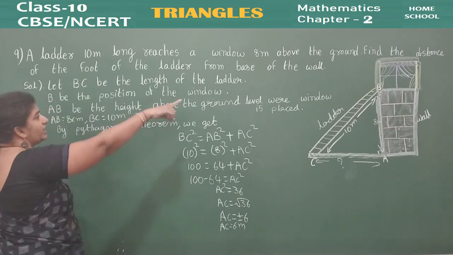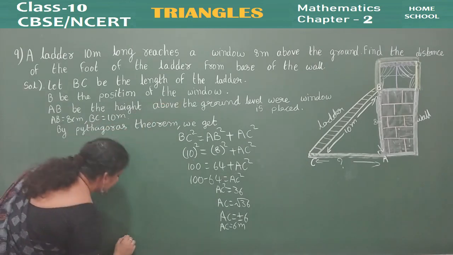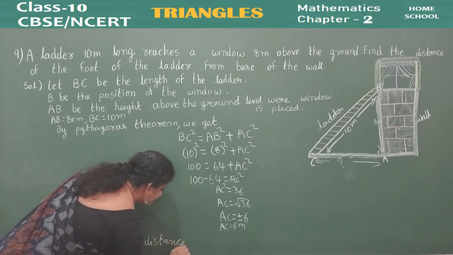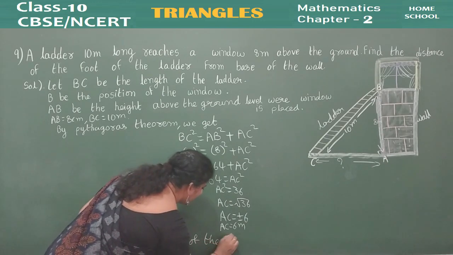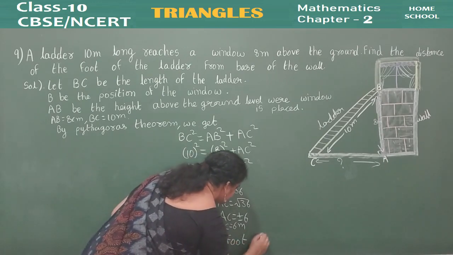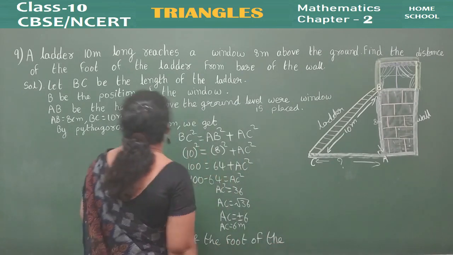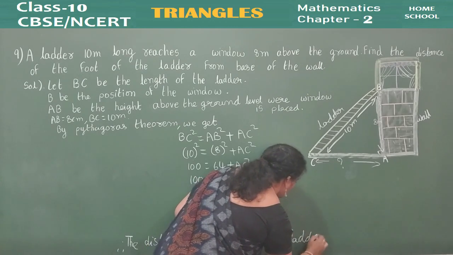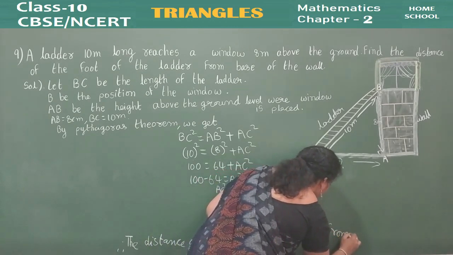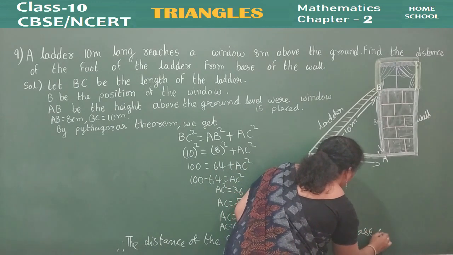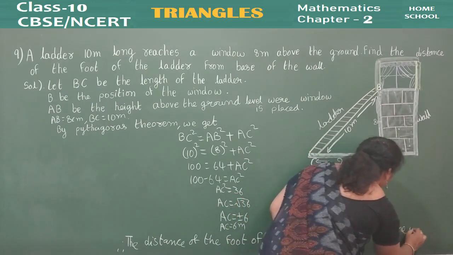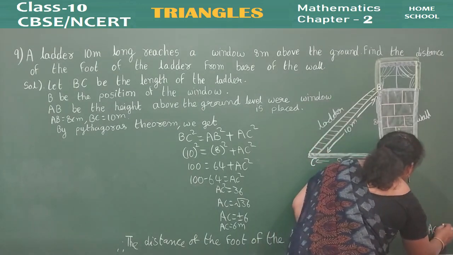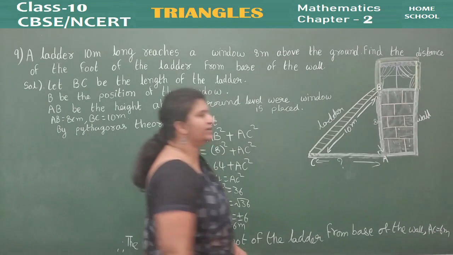Therefore, what did they ask there? The distance of the foot of the ladder from the base of the wall, that is AC, is equal to 6 meters.